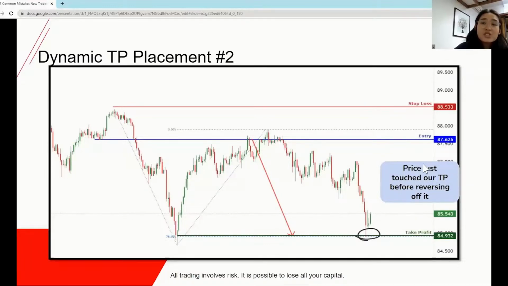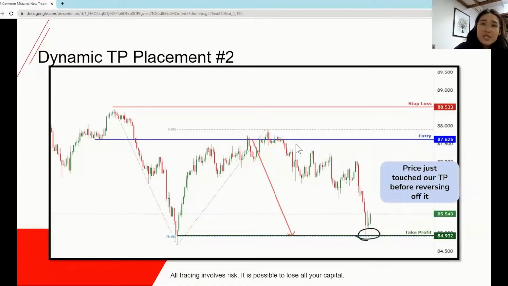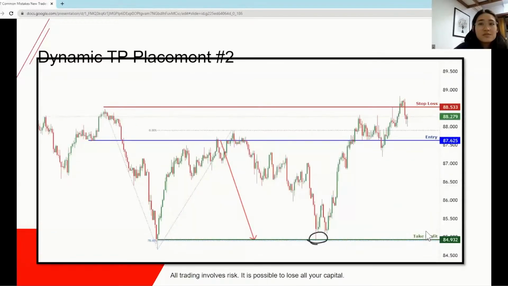Okay, so price just touched our take profit before reversing off of it. This is the before and this is the after. You can see price really just, with the tail of the candlestick, touched our take profit and hit back up towards our stop loss.